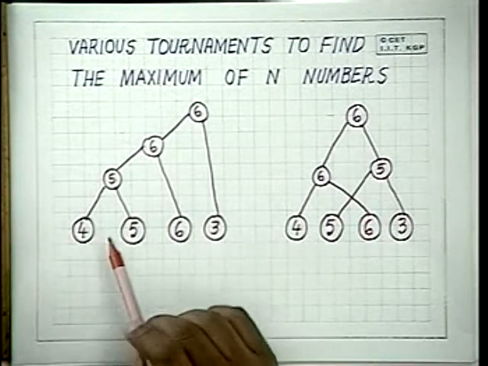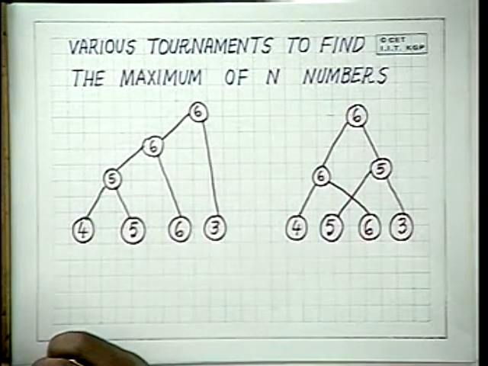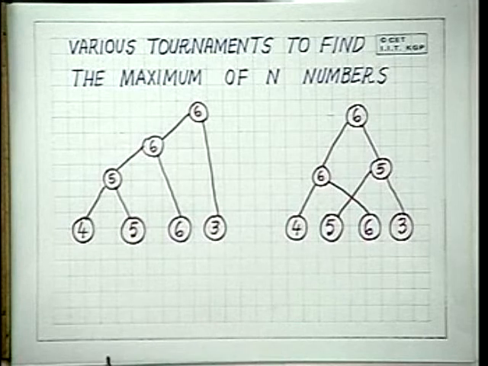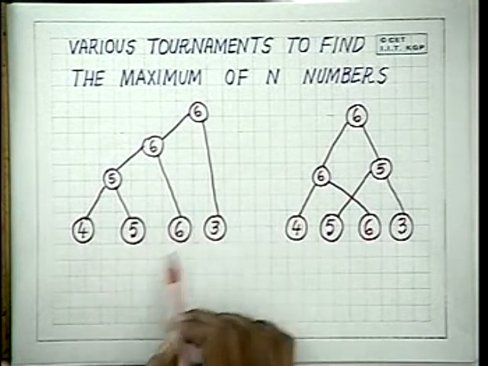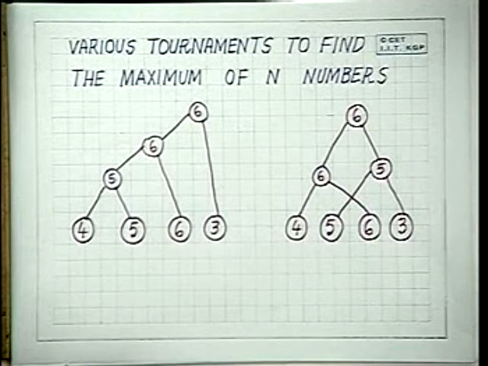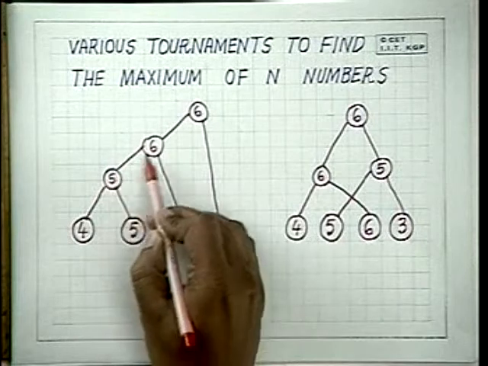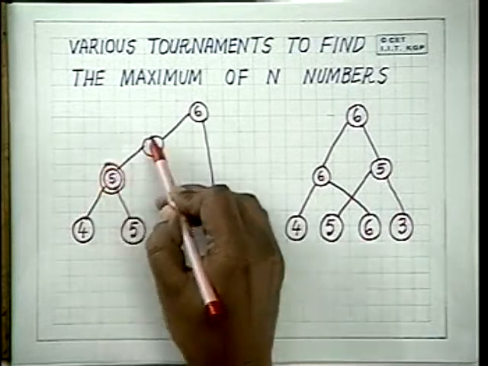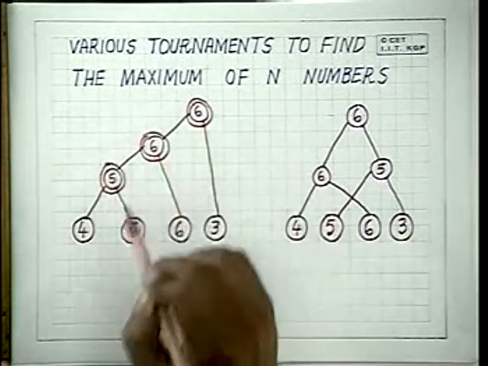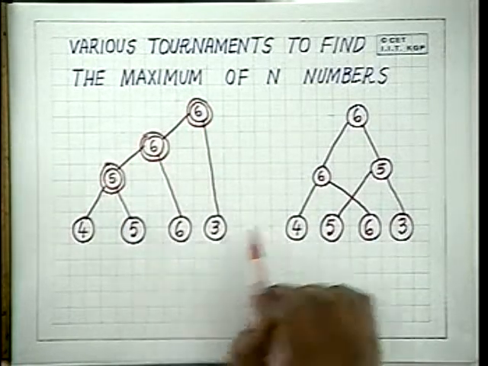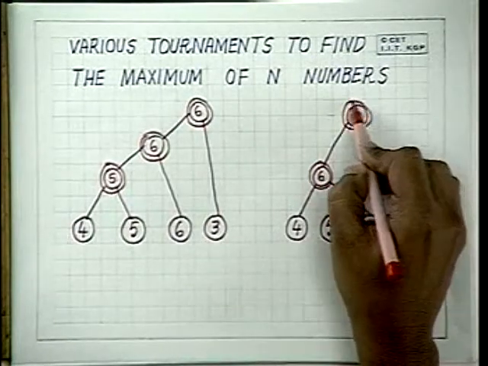Now, a very interesting thing about such tournaments is that to declare the winner of a tournament of n players, you must necessarily see these are the players and these are the matches and the results of the matches, isn't it? These are the matches which are played to find out the winner.